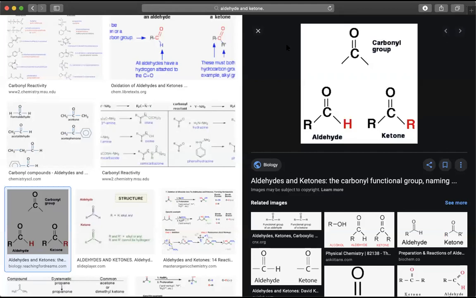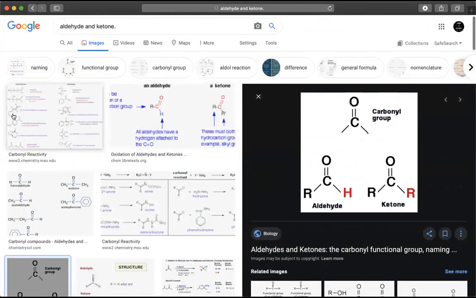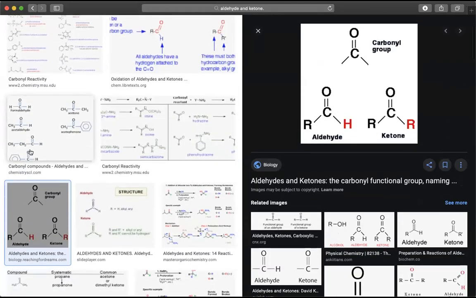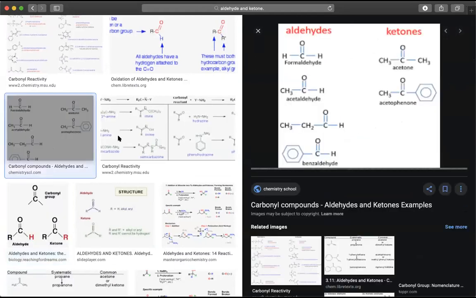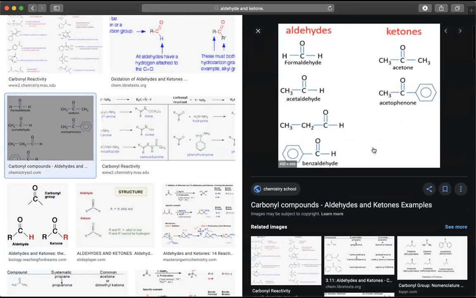Can you guys see? So what we are saying is on carbon number 2, this R should be different from this other R. Let me look for another molecule. This one looks a bit uncanny. Okay, let me use this one. Maybe this one makes sense.